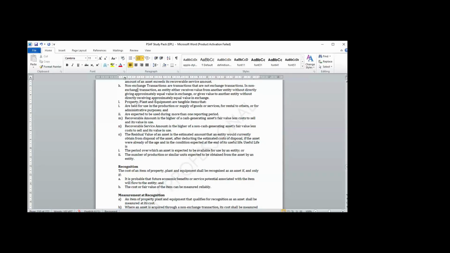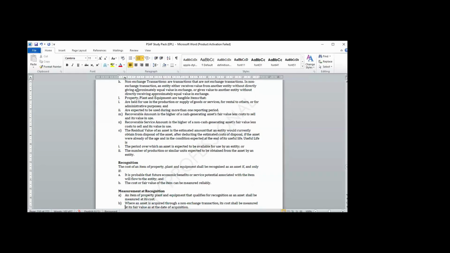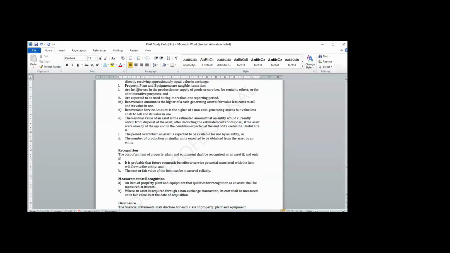Number two, it is either to be valued at cost or fair value when you want to measure it. How do we measure property, plant, and equipment? One, an item of property, plant, and equipment that qualifies for recognition as an asset shall be measured at cost.